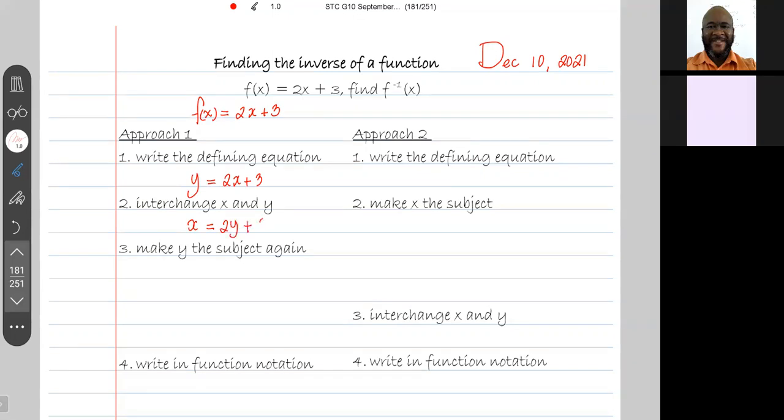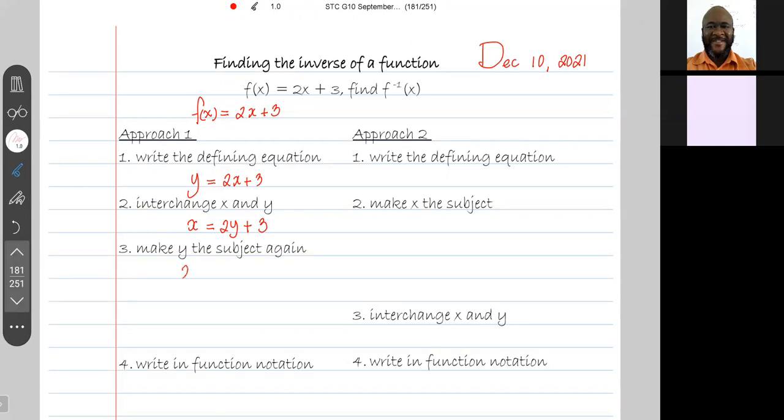Now, step 3 is to make y the subject again. At step 1, y is the subject. And for step 3, we're going to make y the subject again. When y is the subject, we should have y by itself on one side, and the sign of y must be positive.